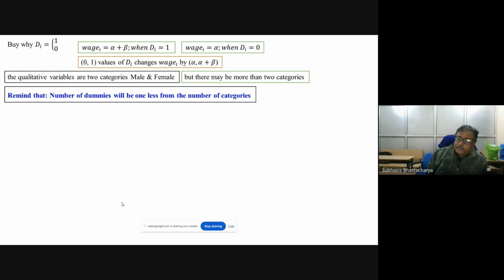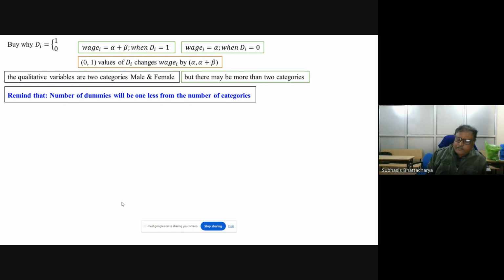What will happen if we introduce two dummies for the two categories, one for male and another for female, at the same time in the equation? That is quite interesting. I will come to that answer at some later point. But you have to remember this: the number of dummies will be one less.